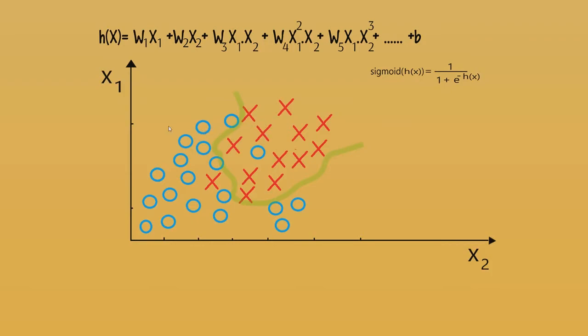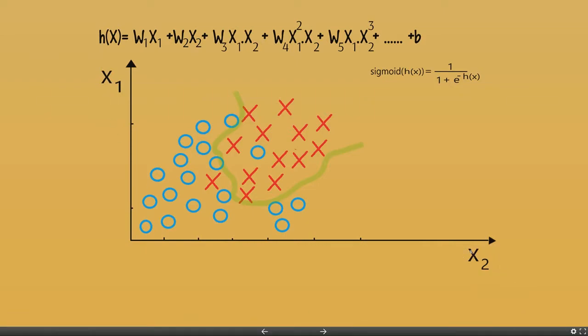For example, in the previous course, we had the example of whether a tumor is benign or malignant. We had x1, for example, the age and the size of the tumor. So depending on the size of the tumor and the age of the patient, we can decide whether the tumor is malignant or benign.